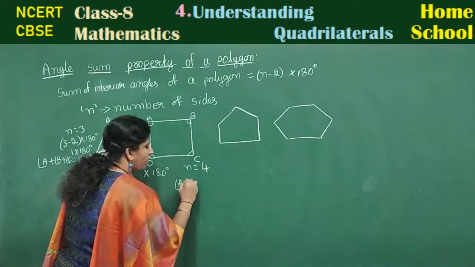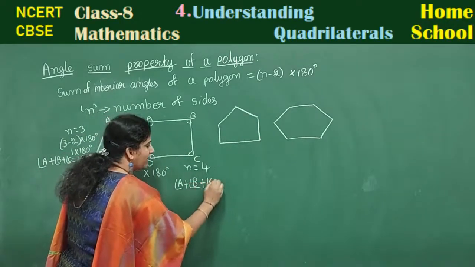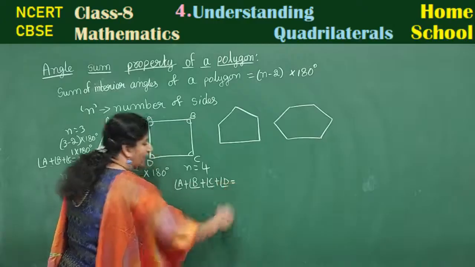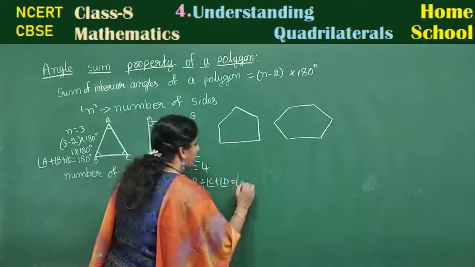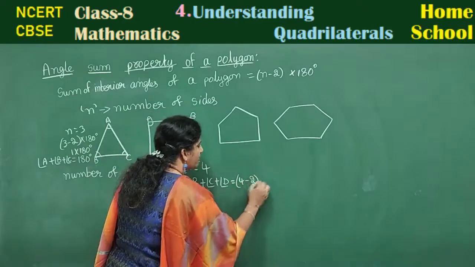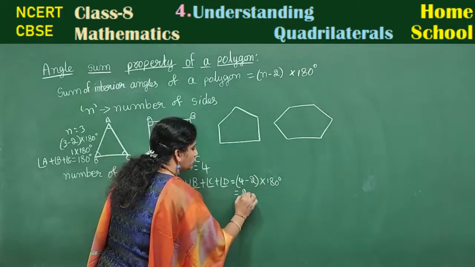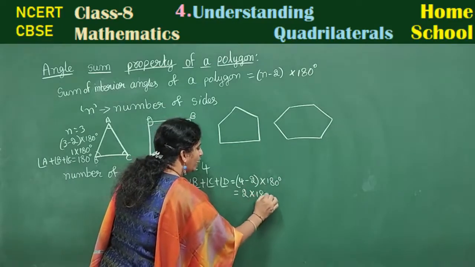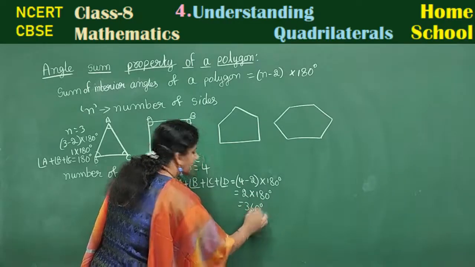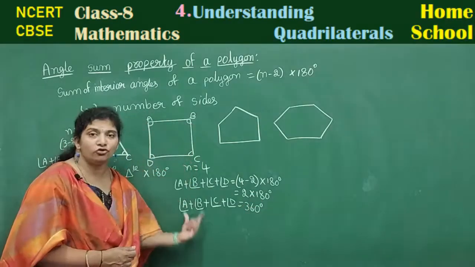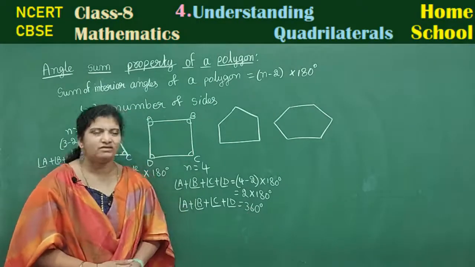Formula, sum of the angles: angle A plus angle B plus angle C plus angle D is equal to (n minus 2) into 180. The n value is 4. (4 minus 2) into 180 degrees. 4 minus 2 is 2. 2 into 180 is 360 degrees. For a polygon having 4 sides, the angle sum is 360 degrees.